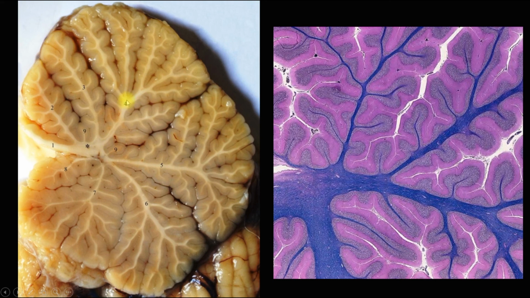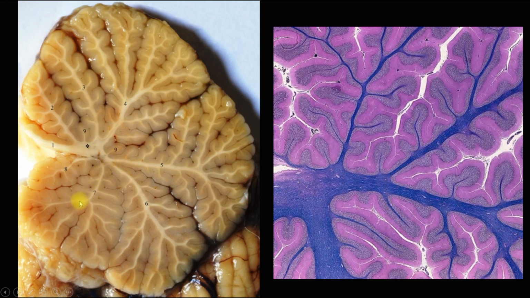Here we can see how branched and complex the shape of the cerebellar white matter is. It's called arbor vitae cerebelli, or the tree of life of the cerebellum.